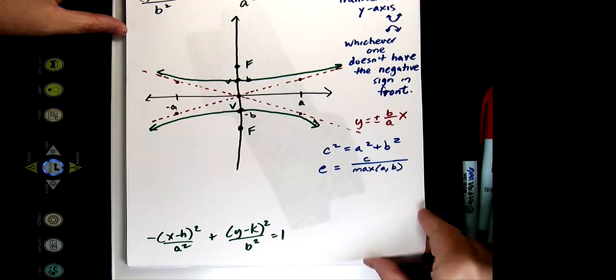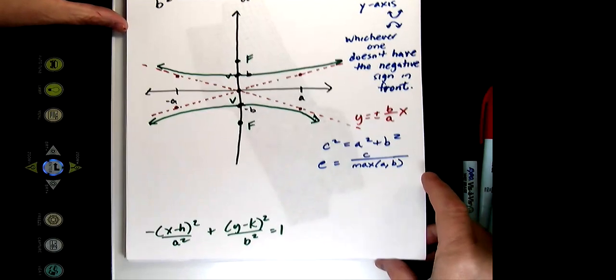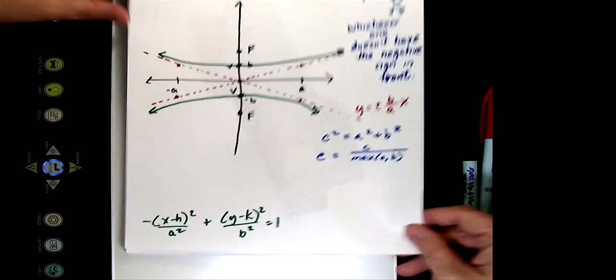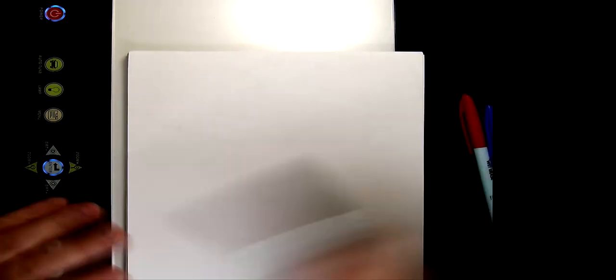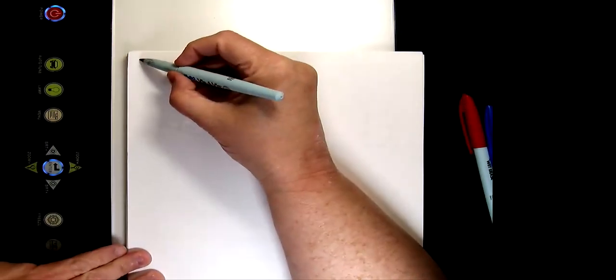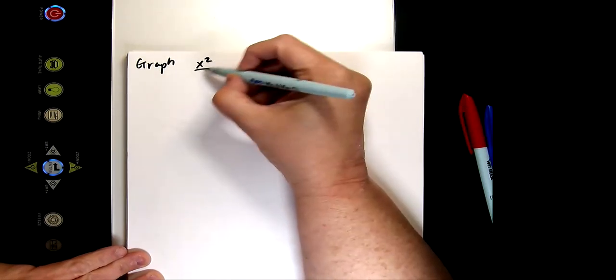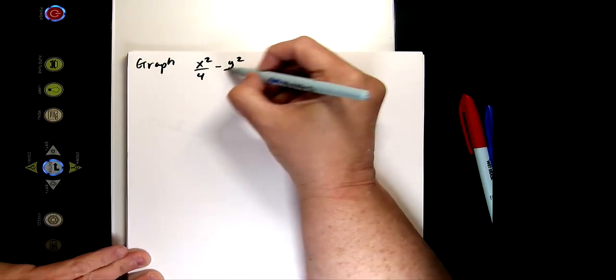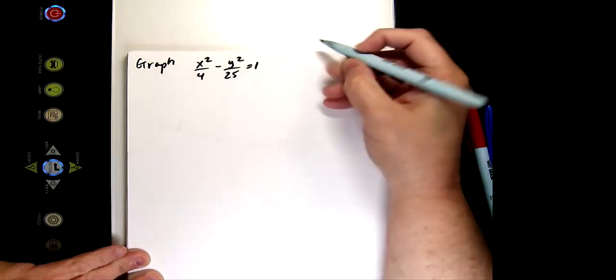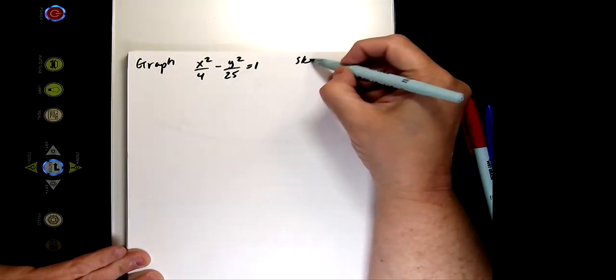You guys ready to look at some actual examples? All right, let's graph x squared over 4 minus y squared over 25 equals 1. Sketch the asymptotes.